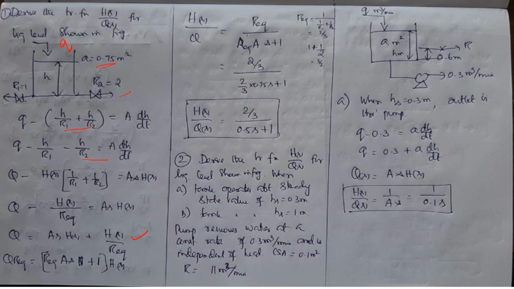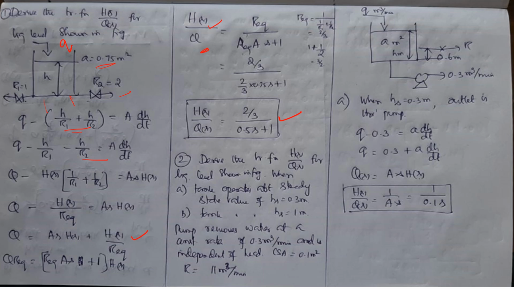So substitute that, and from this we derive the equation. Because this is a transfer function, Laplace transform of output by Laplace transform of input, that is R equivalent by A into R equivalent S plus 1. So substitute this, then we'll get the transfer function. Likewise, you can add one more flow rate, and accordingly you can derive the equation.